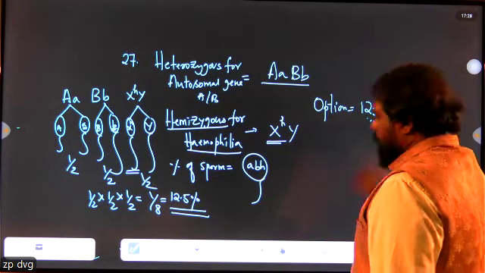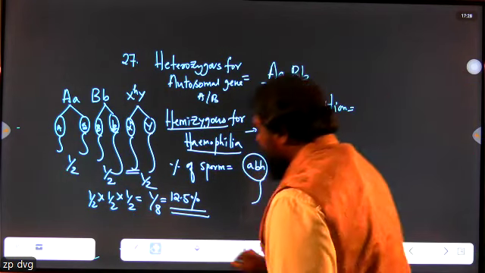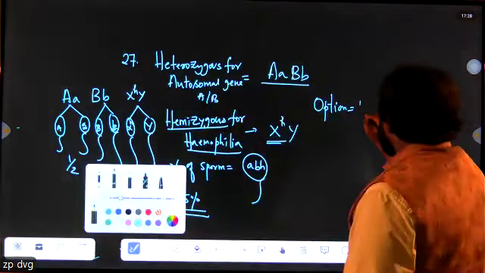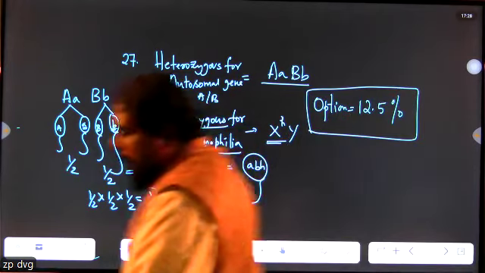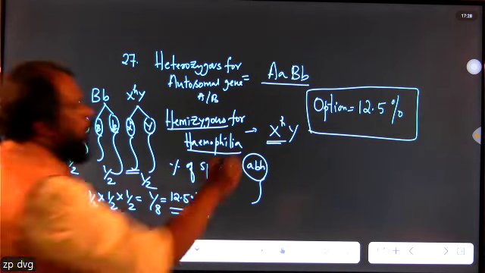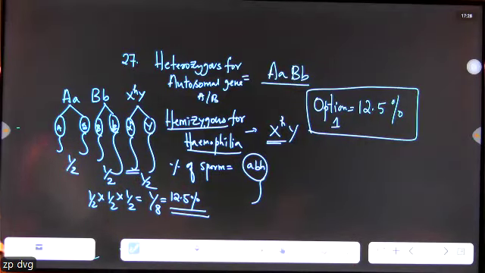Please change option 1 to 12.5 percent, which is the correct option. In the material it is given as 25 percent, but it is not 25 percent.